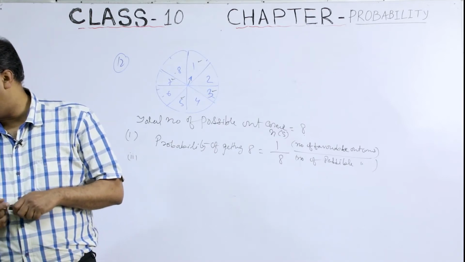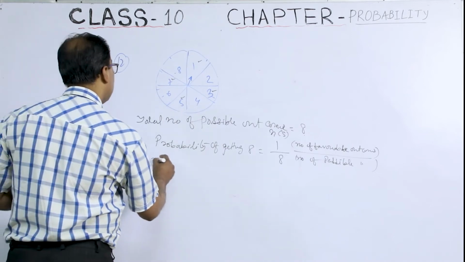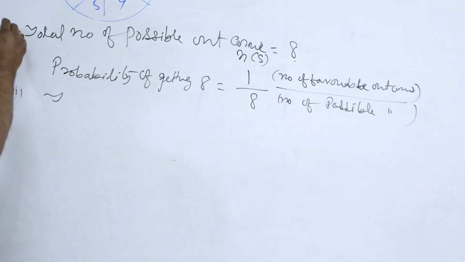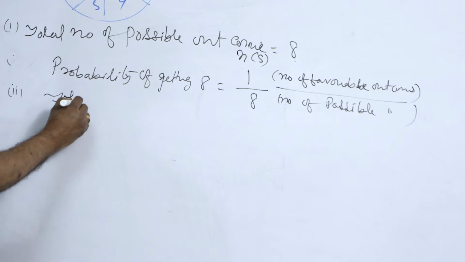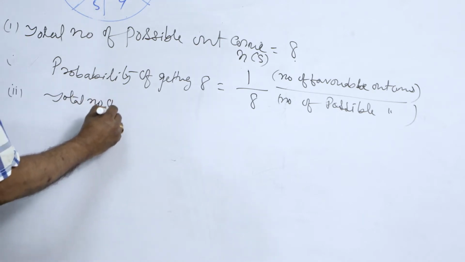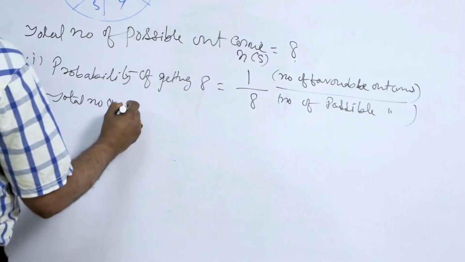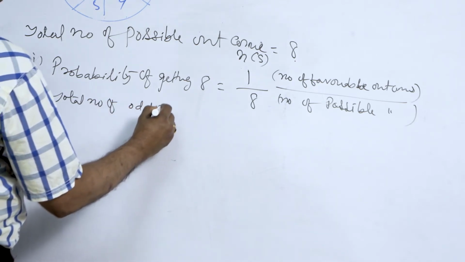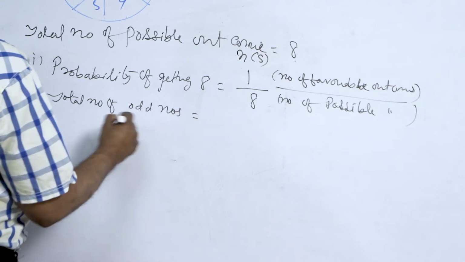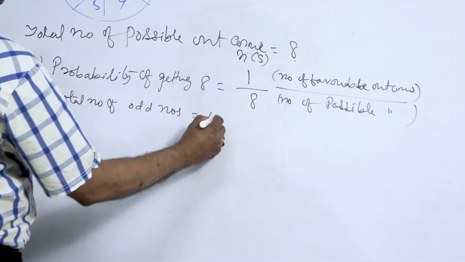Then probability of getting an odd number. Okay. So total number of odd numbers, that is the favorable outcomes, is how much? 4.